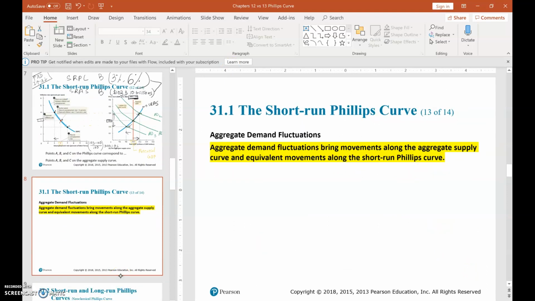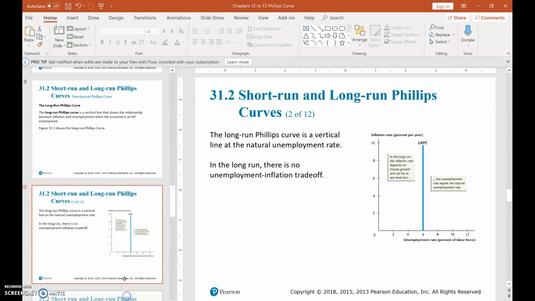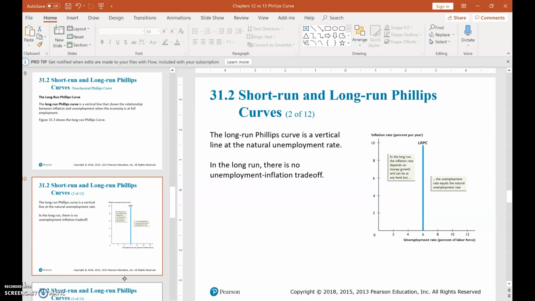If I have aggregate demand fluctuations, this will bring movements along the aggregate supply curve, and this is equivalent to movements along the short-run Phillips curve. So far, we looked at the short-run Phillips curve, and that was the Keynesian Phillips curve. Now, we are going to look at the long-run Phillips curve, which is a vertical straight line. And this shows there is no relation between inflation rate and unemployment rate.